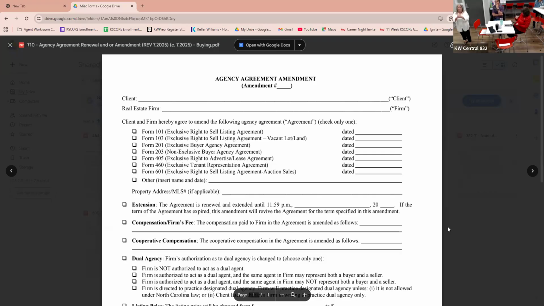Only reason I say this is because Nellie just did one yesterday in her buyer agency agreement. She originally put 2.5% as the compensation she expected to receive. Well, this agent, who naturally is a Keller Williams agent, is offering 3%. So she used this form to change it from 2.5% to 3%.